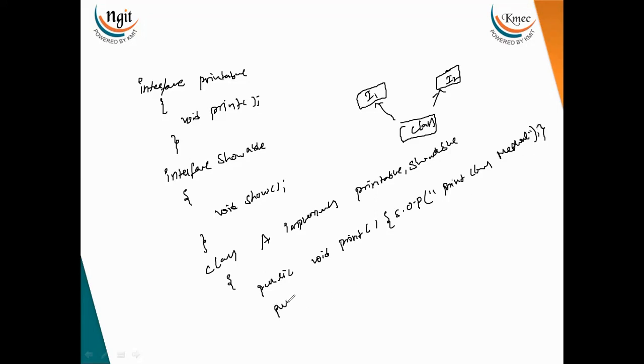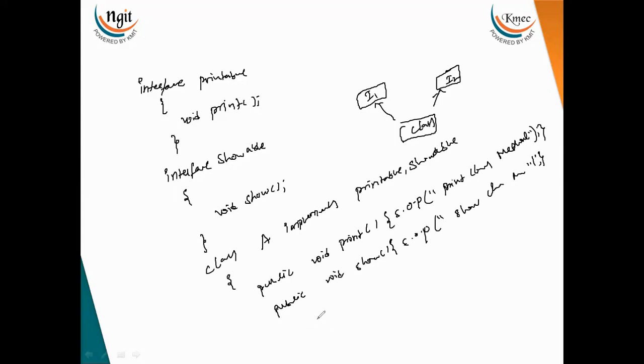Next, I am also providing the body to the show method. Public void show. For this show method, System.out.println "show class method". I'm closing this. As of now, we implemented two methods in the class here.